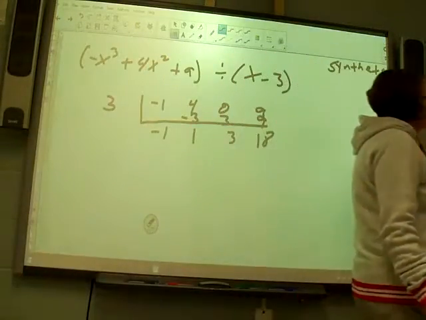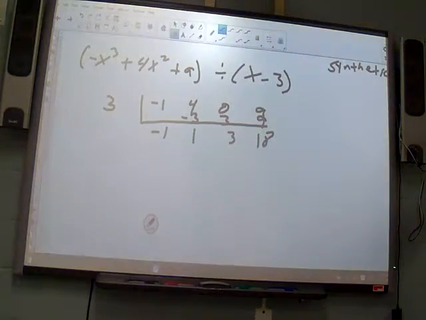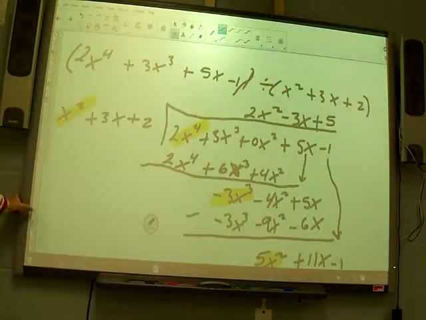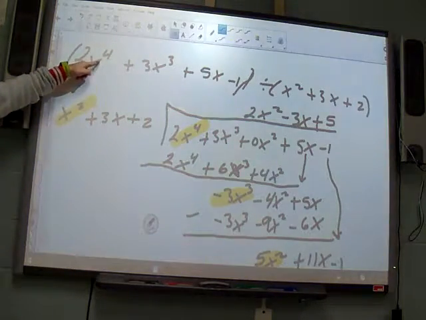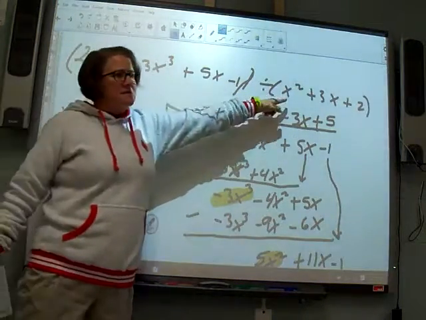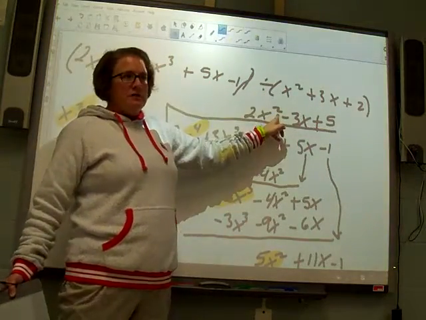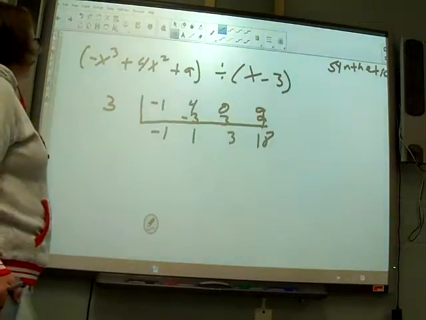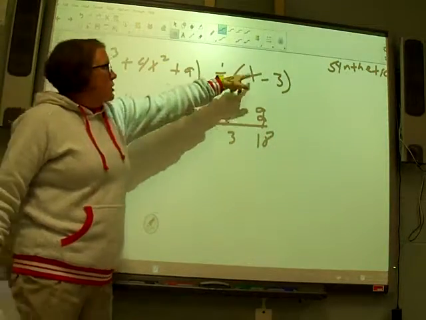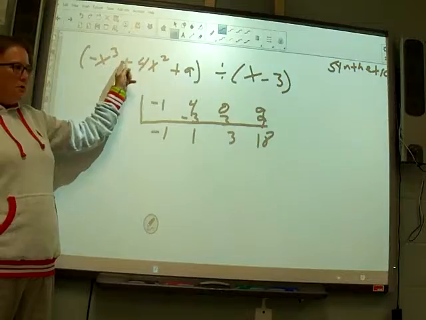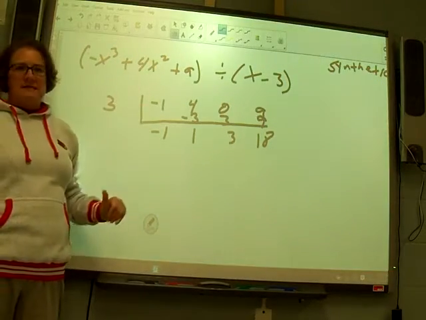On the last one, we started with an x to the 4th and divided by an x squared. So that 4 minus 2 made our answer be 2. So here, 3 minus 1 makes our answer here be x squared. Whatever you start with, your answer is always 1 power less than that.